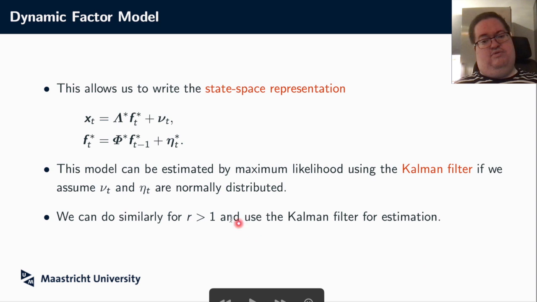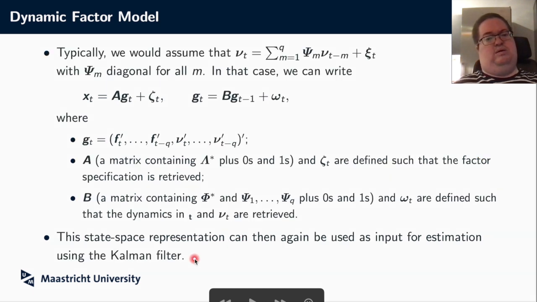Now note, I did it here for r is 1, but I can also do it for r larger than 1. Let me just very briefly describe how to do that. Well, it's the same idea. Suppose that we have dynamics now also in our idiosyncratic components. That again seems to be a natural thing to assume. And what we can then do is build a bigger vector, not just of the f's and the lags, but also of the idiosyncratic components and their lags.